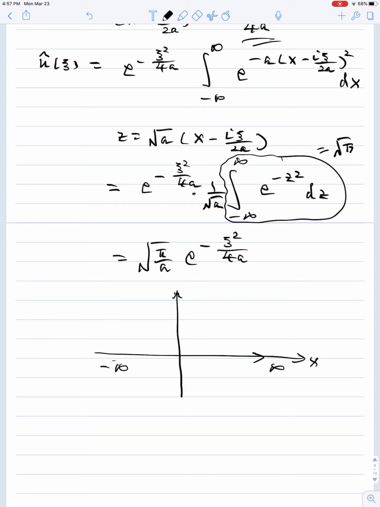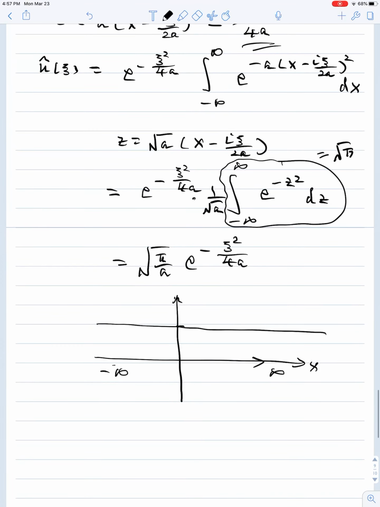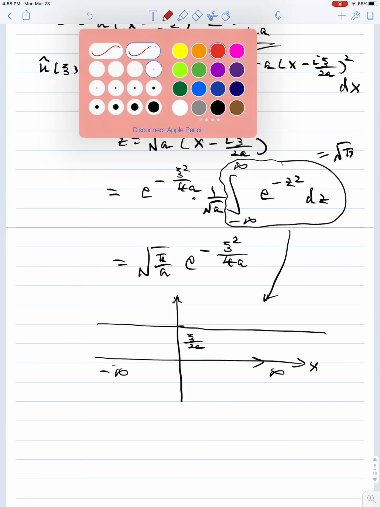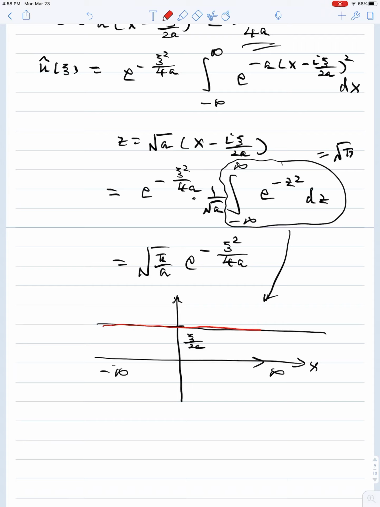Now, when I do the substitution, z is not on the same real line. It has an imaginary part, which is xi over 2a. So in this integral, z runs along this line here.